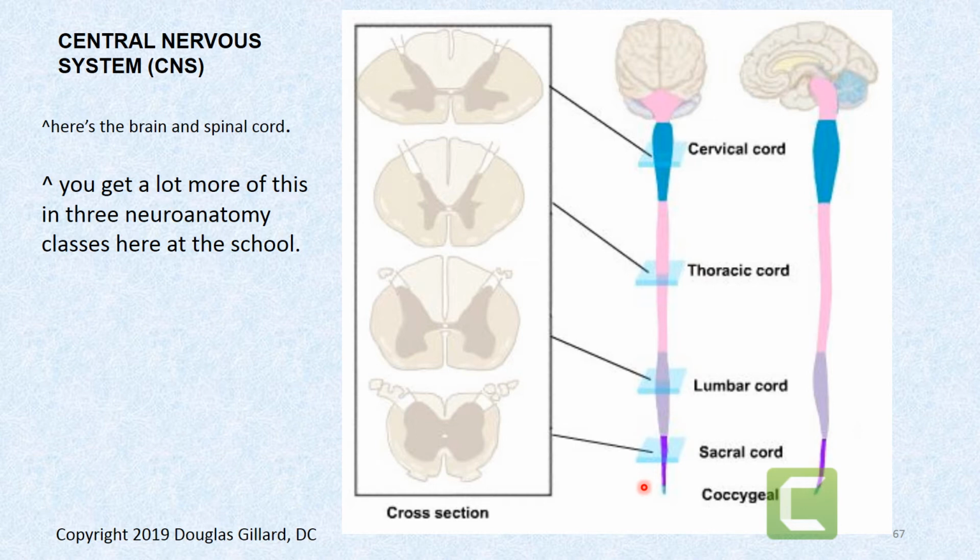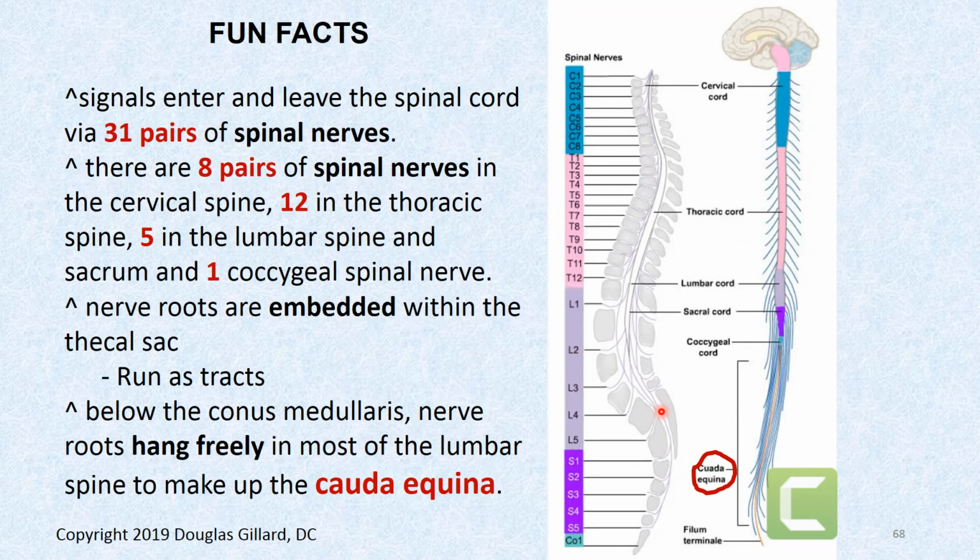So this drawing isn't the greatest. It makes it look like it goes all the way down to the coccyx, but it doesn't, as we'll see in a minute. There's a cervical and lumbar enlargement. We'll let Dr. Musavi, who is still teaching that, explain it to you.